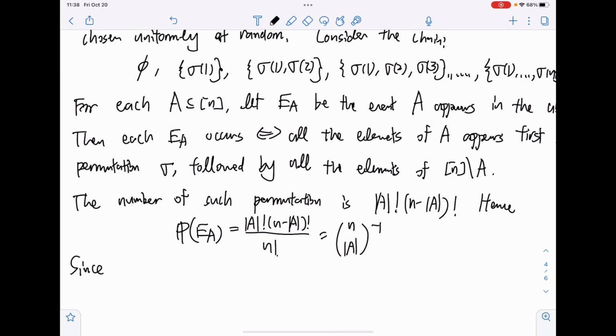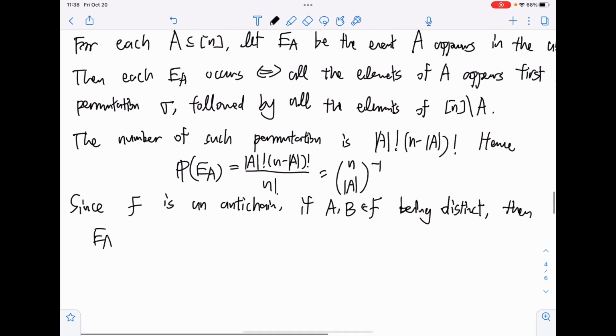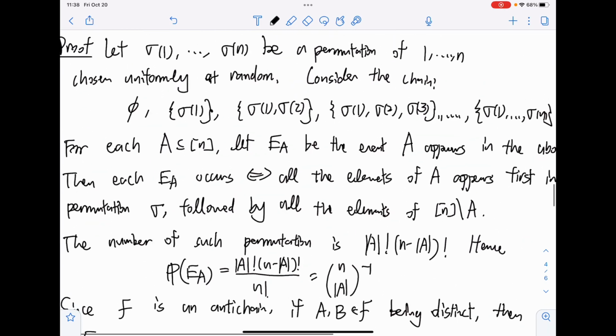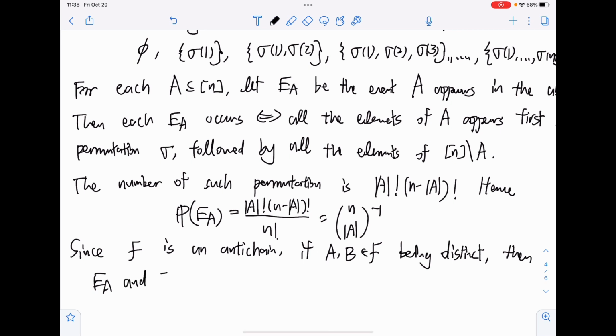And since F is an anti-chain, if there are two distinct sets A and B in F, then the events E_A and E_B, that A and B appear in the chain, cannot both occur. It says that A and B cannot both occur in the chain here.